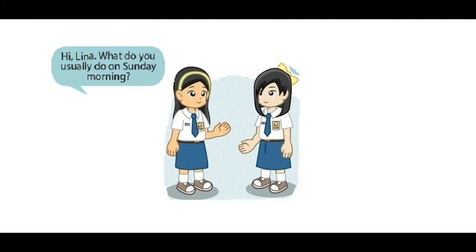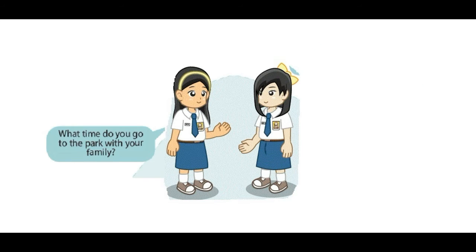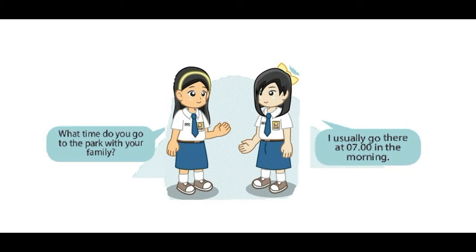Hi, Lina. What do you usually do on Sunday morning? On Sunday morning, I usually go to the park with my family. What time do you go to the park with your family? I usually go there at 7 o'clock in the morning.